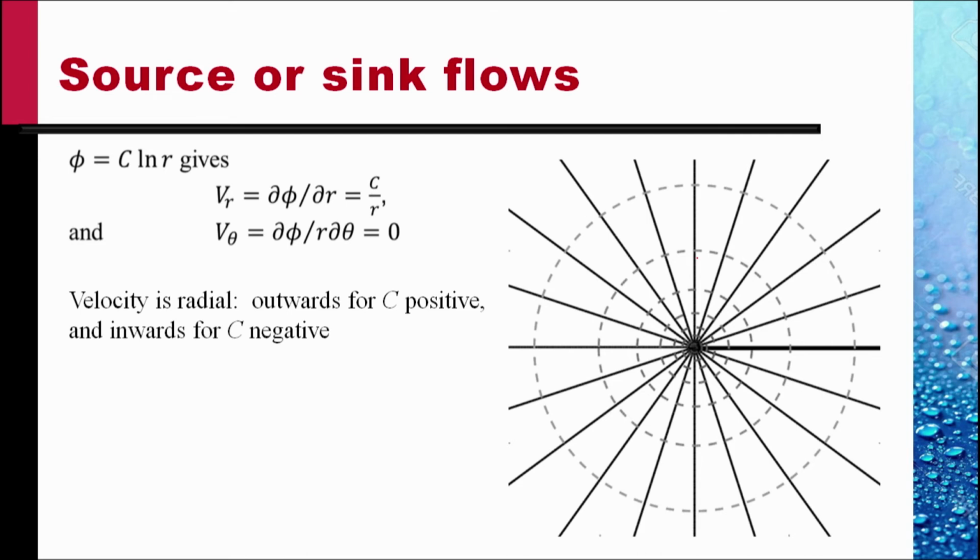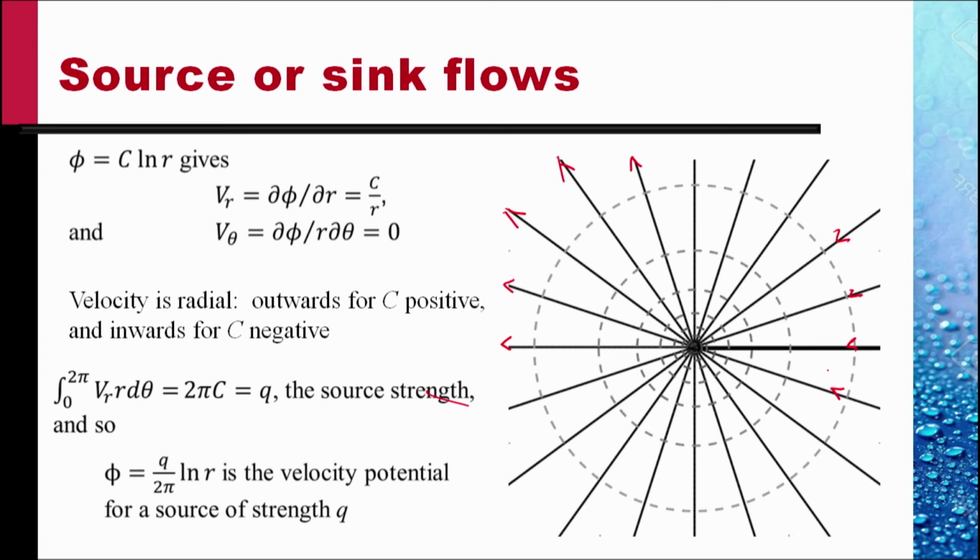So velocity is radial outwards for c positive and inwards for c negative. So the velocity vectors are like these, for source flow when c is positive, and inwards if c is negative.